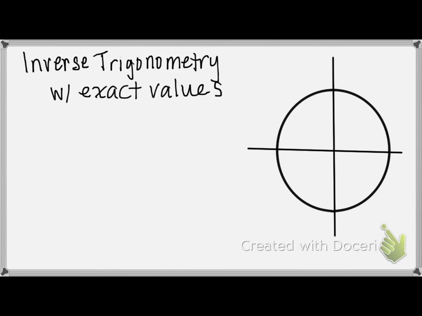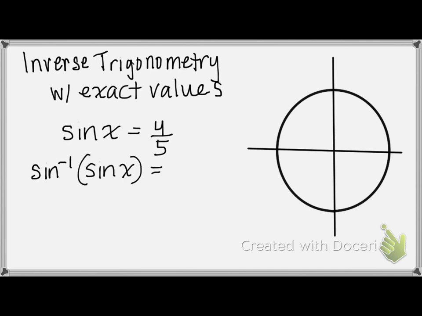So first of all, I presume you have some familiarity with inverse trigonometry. For instance, if you were solving triangles or working with right triangles and you ended up with sine x is equal to 4 over 5, perhaps you know that in order to solve for x, the angle, a way of thinking about that is to take the inverse sine of both sides.